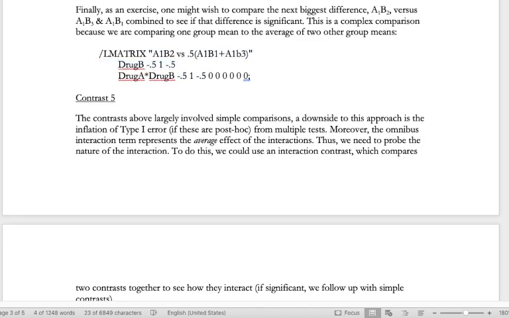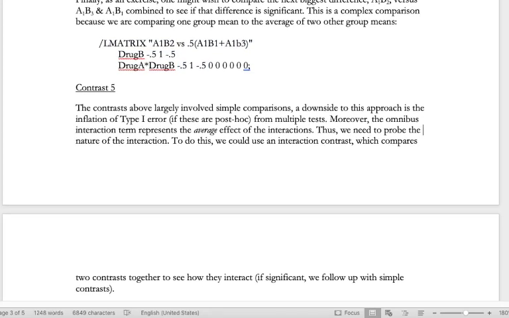For this last contrast, I want to instead do an interaction. So a benefit of doing these interaction contrasts is that we actually get to compare multiple points together.